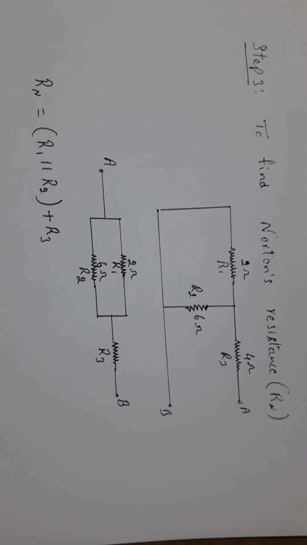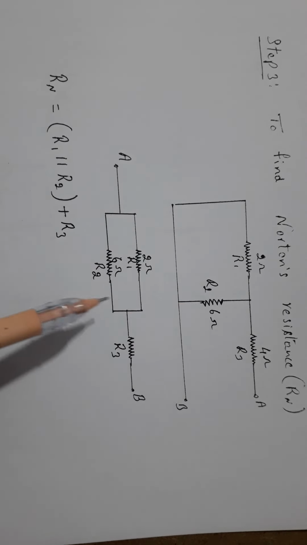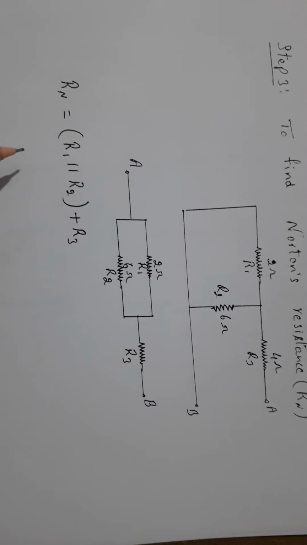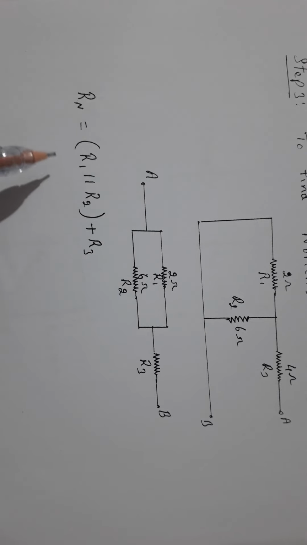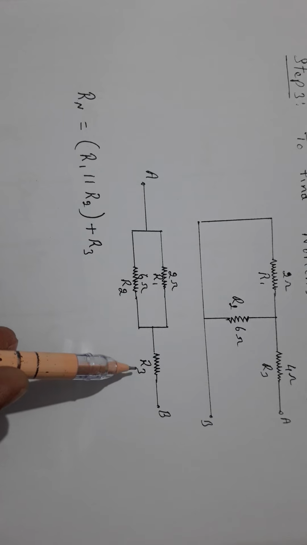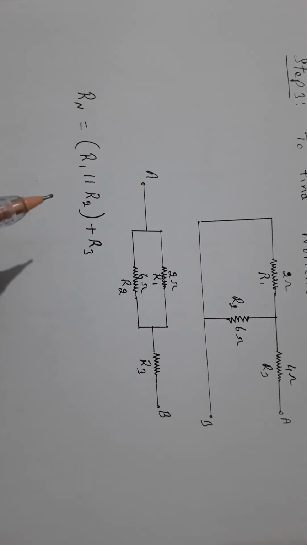Next, we must find the Norton's resistance. This circuit looks like this. Therefore, Norton's resistance RN equals R1 parallel R2, plus R3. These two are connected in series with R3.